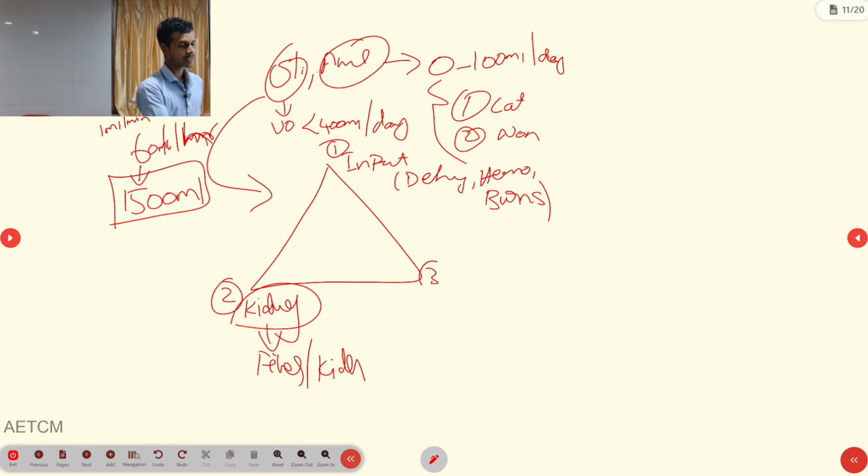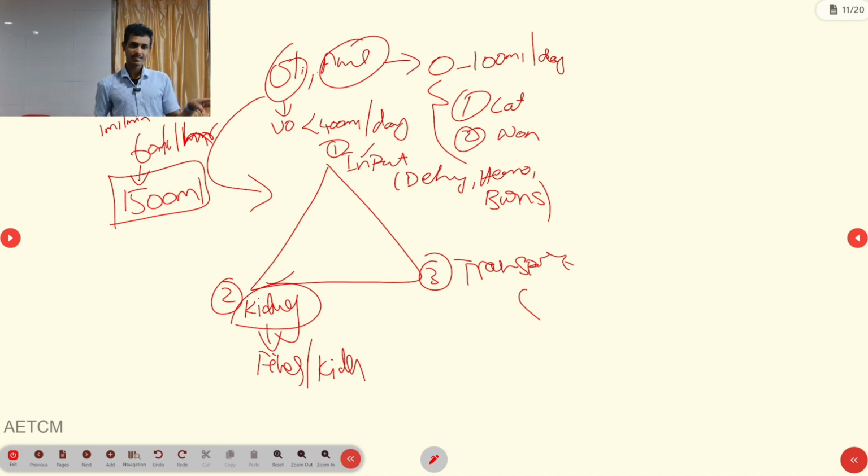Third reason might be in the transport channel. The input will be good and the blood supply to the kidney will be good, and there won't be any problem in the kidney. Your kidney will filter everything and produce urine, but the problem will be in the ureter, the urethra, or the urinary bladder.